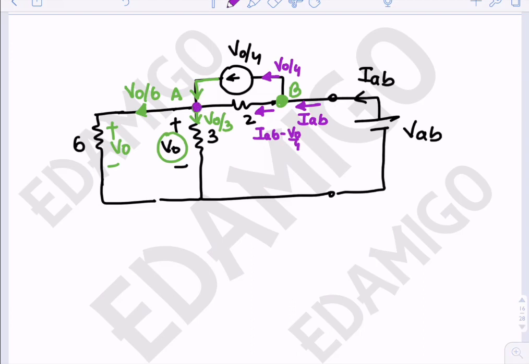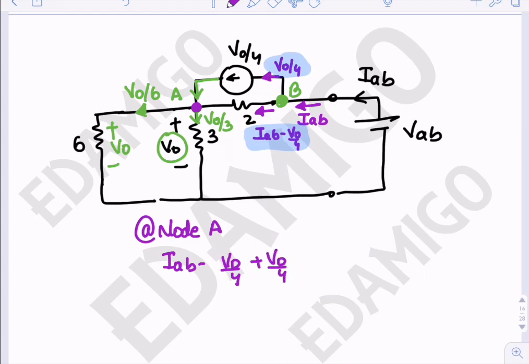Now at node A, we have the incoming current, that is IAB minus V0 by 4. The incoming current is V0 by 4. The outgoing current is V0 by 3.